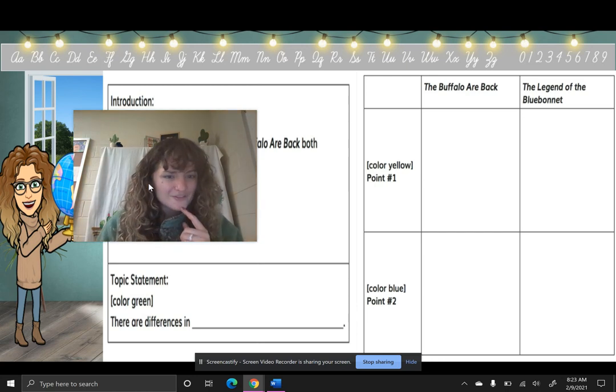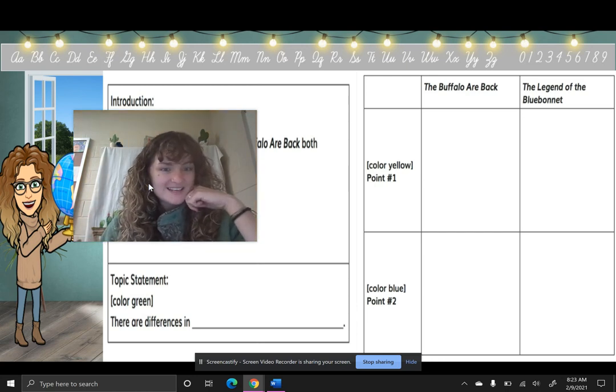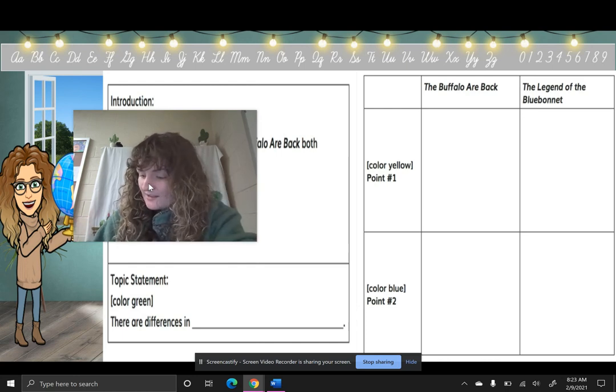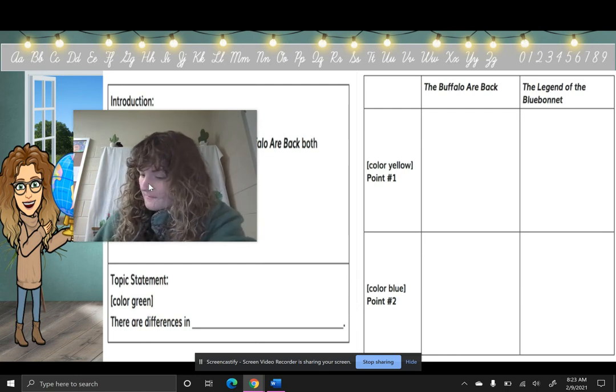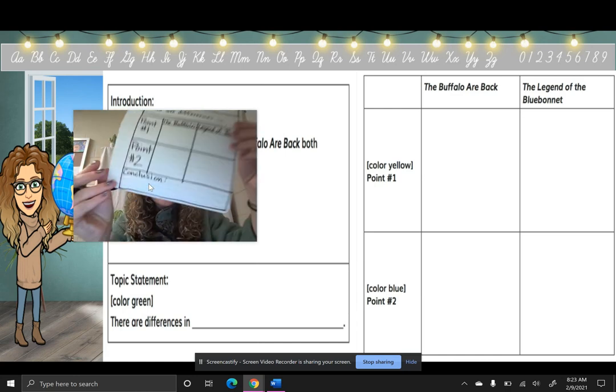What goes after our points? After we give our evidence, what is the last sentence that we have? A conclusion. So our last box is going to be our conclusion. And remember, our conclusion is going to be very similar to our topic statement.